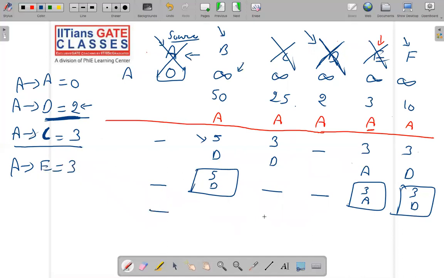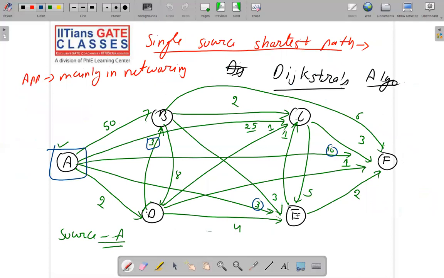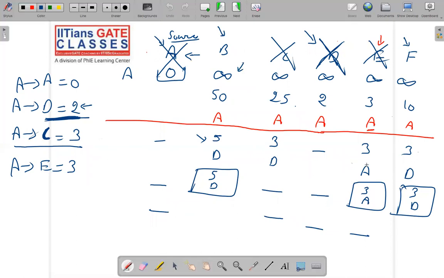So now let's see. Using E, can we minimize the cost of B or F? From E to B, there is no edge, so it will be the same. From E to F, we have one edge, which is 2. A to E, directly or indirectly, is taking 3.